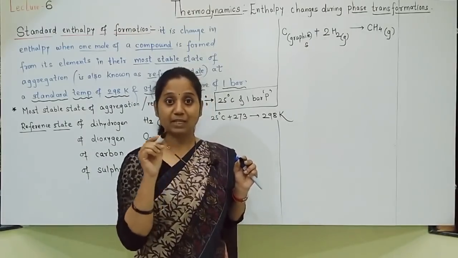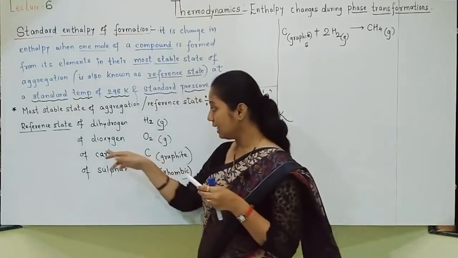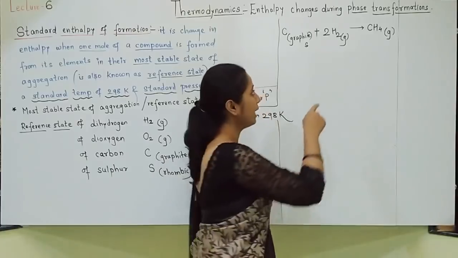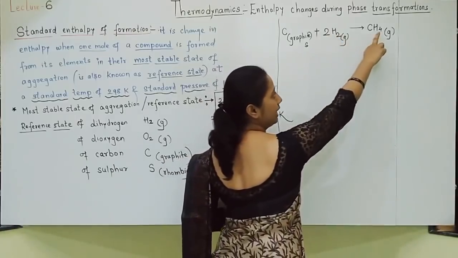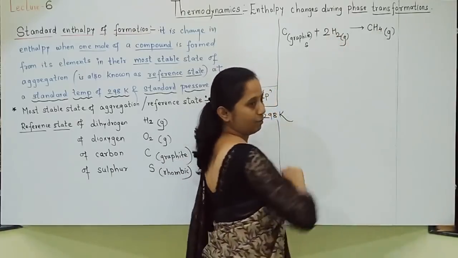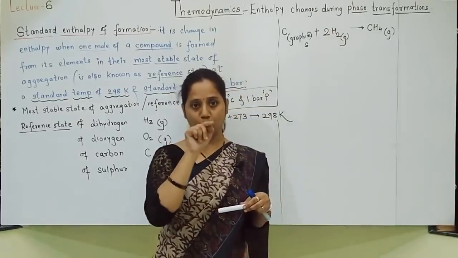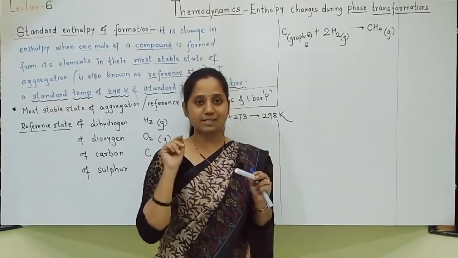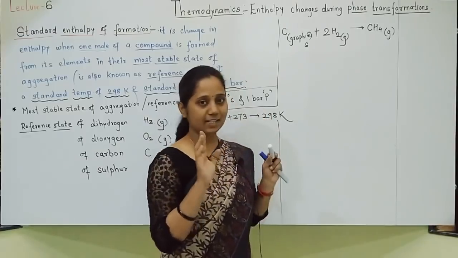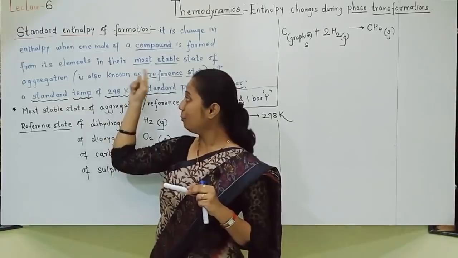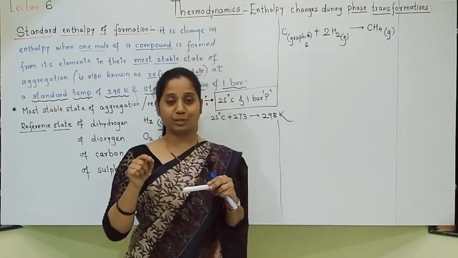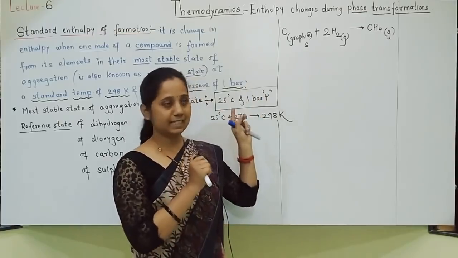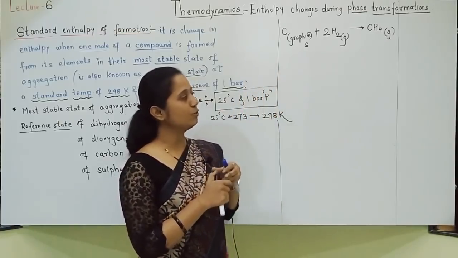Its elements are carbon and hydrogen, and hydrogen exists as H2, so you should write H2. If H4 is there, balance it by writing coefficient 2. Hydrogen doesn't exist as H4. That is why I told you it is formed from its elements in their standard form. So: carbon plus 2H2 gives CH4.